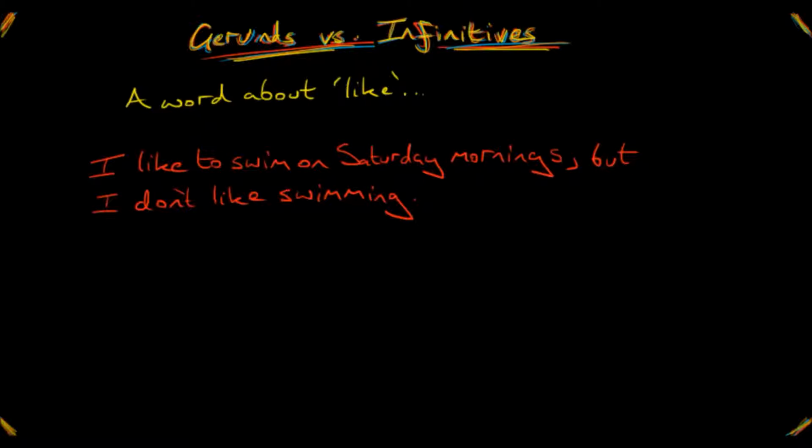Now, as I said, to a native speaker of English, there's no problem there at all, but it's probably leaving you scratching your heads. And that's because whereas you might always have been taught that there's no difference between like plus infinitive or like plus gerund, well, now I'm here to say that actually, yes, there is a difference. Let's take a look at that difference.